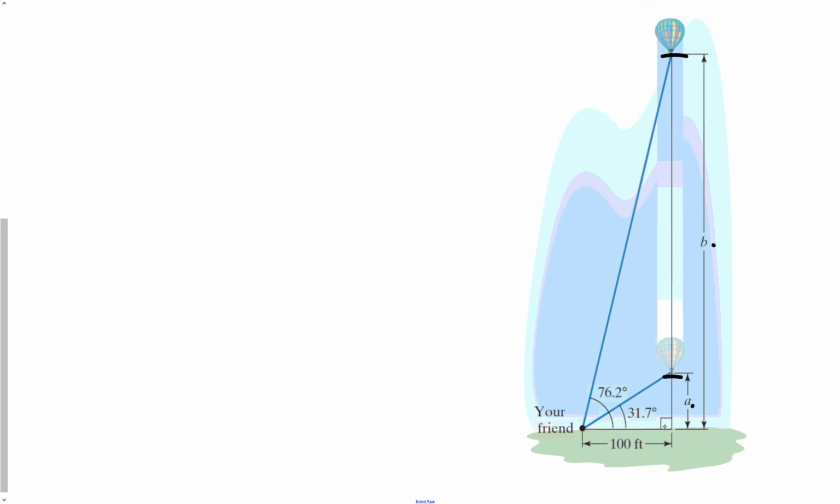Well, in the small triangle right down here, I want the opposite side. I know the adjacent side, so I can say that the tangent of 31.7 is A over 100. So A is going to be 61.8. And then the tangent, right? I now know this big angle, 76. I want to know that side.